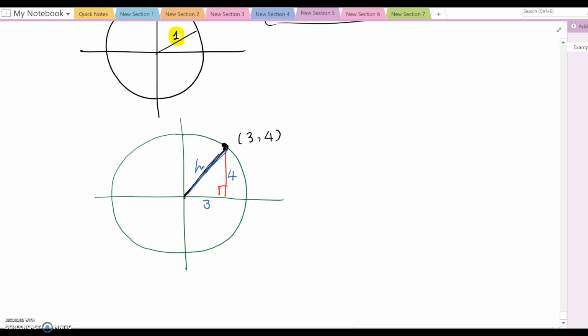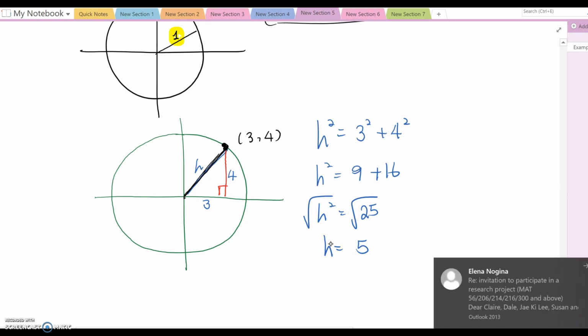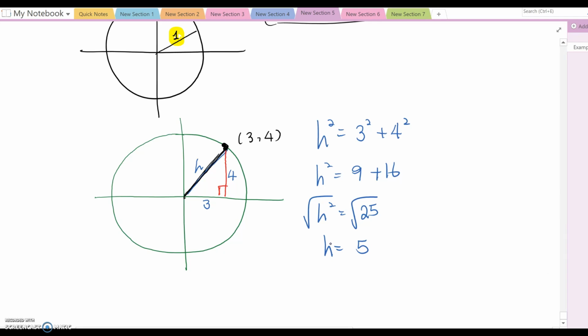So h squared equals 3 squared plus 4 squared, so h squared equals 9 plus 16, which is 25. And you take the square root, then h equals 5. Actually, this value becomes plus and minus 5, but as you know, this is always a positive length, so we take h is 5 as the only answer.